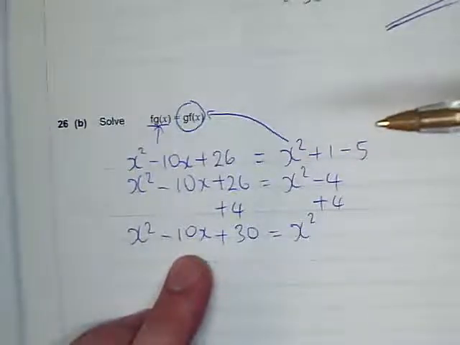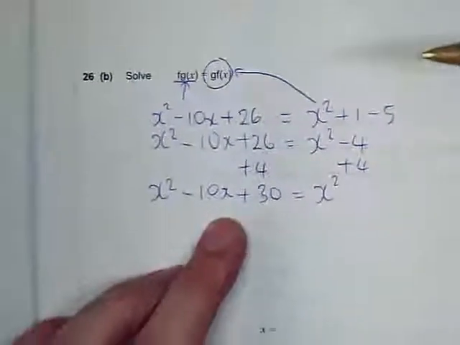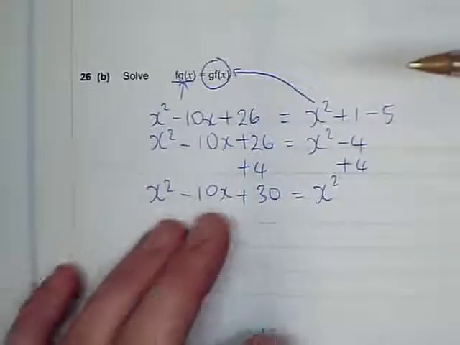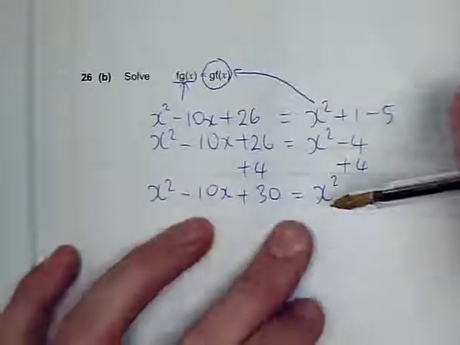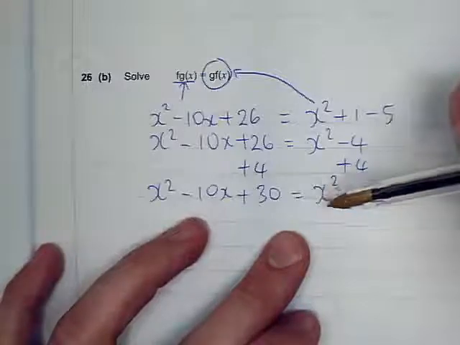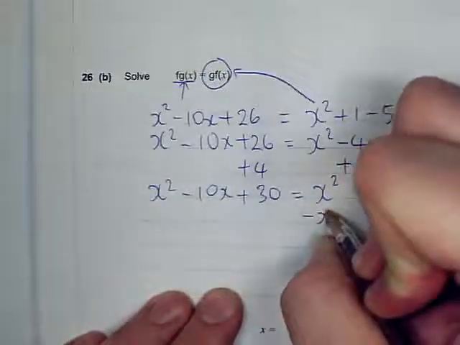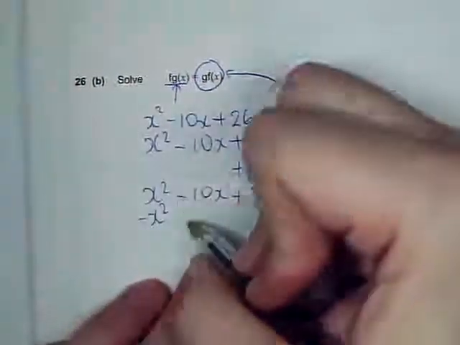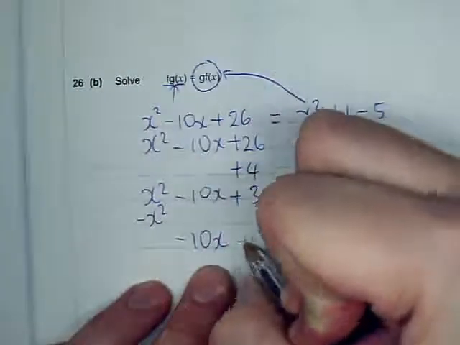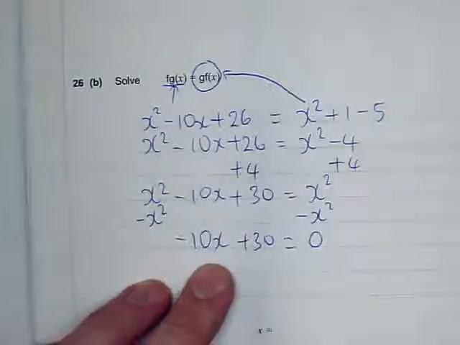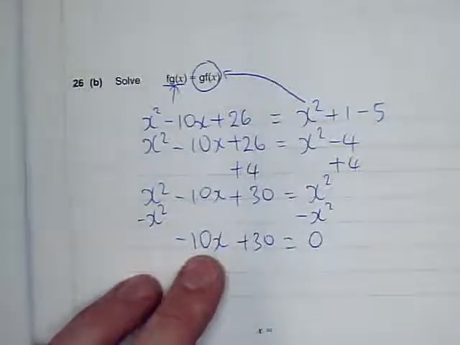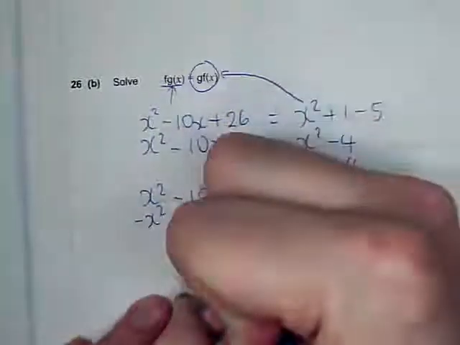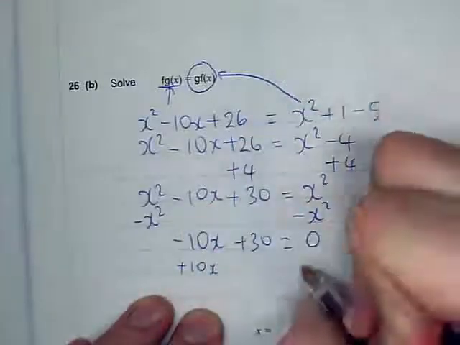So, my next natural move, we want to solve this, so I want to try and get all the x's on one side. If I take away my x squared from both sides, then I'm left with minus 10x plus 30 equals 0. I don't really like the minus 10x there, so I could add 10x to both sides.